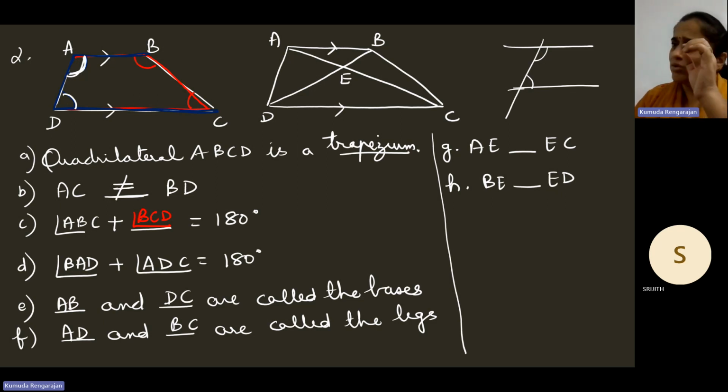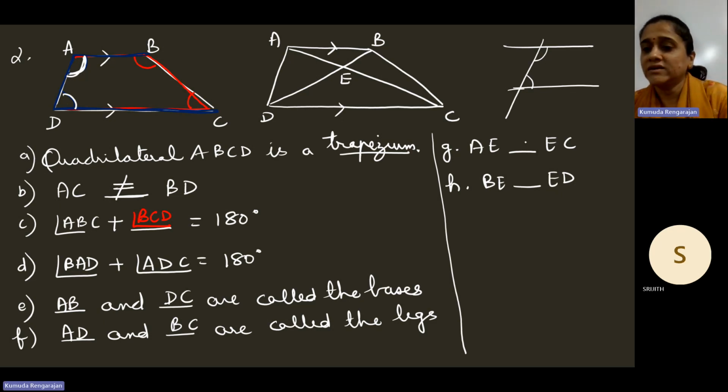Not that you should fill in the blank with a word, you can use symbols also. Or you can say parallel, not parallel. You can use the parallel symbol, not parallel, equal to, not equal to, greater than, less than, if needed.